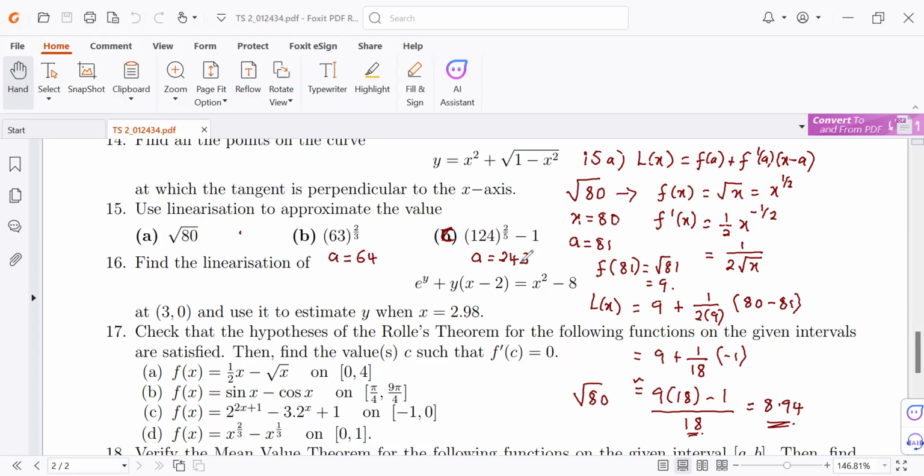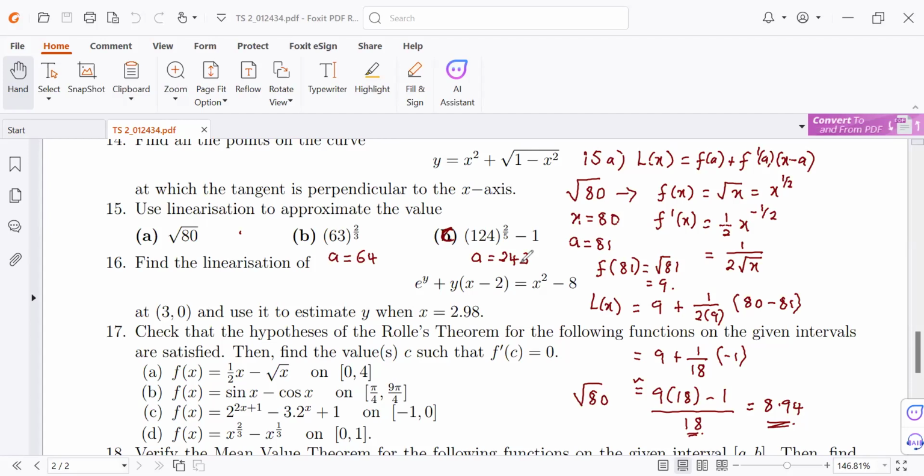Yeah, because you need a number which has a known fifth root. And then after you get that known fifth root, you would get the square of it and then subtract 1 as your f of a. And then the same thing as your f prime of a, though the 1 will disappear in the f prime. And then your x minus a, that is always 124 minus the a now being 243. And then you see that the value always makes sense.